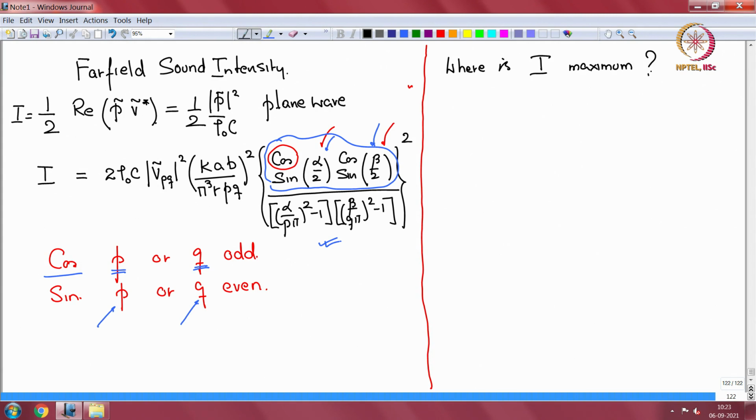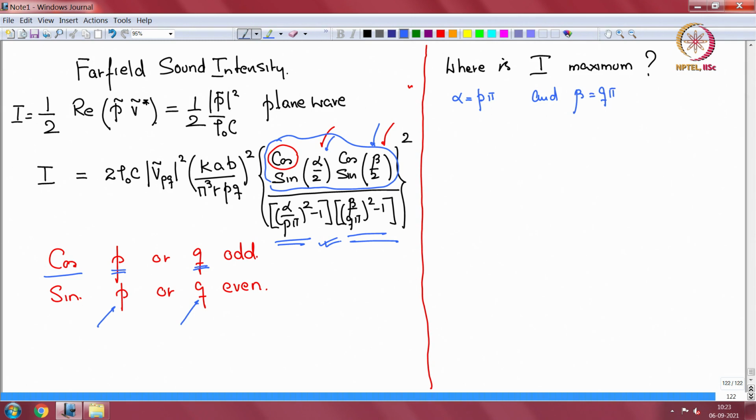We ask this. Just on the surface of it, looking at the expression, it seems like when the denominator goes to 0, when alpha is equal to P pi and beta is equal to Q pi.